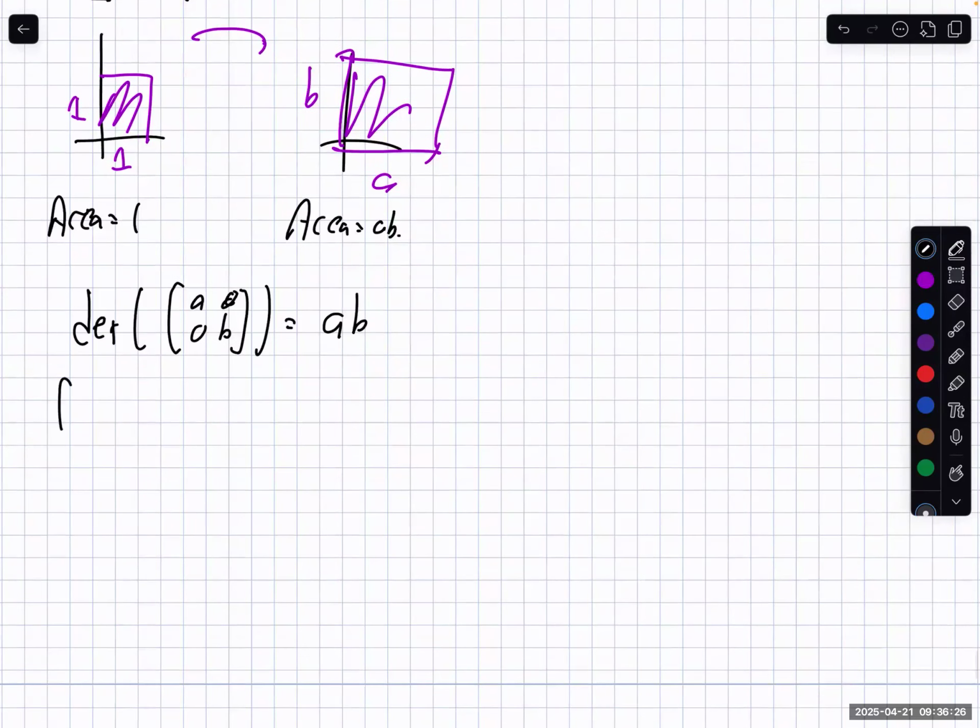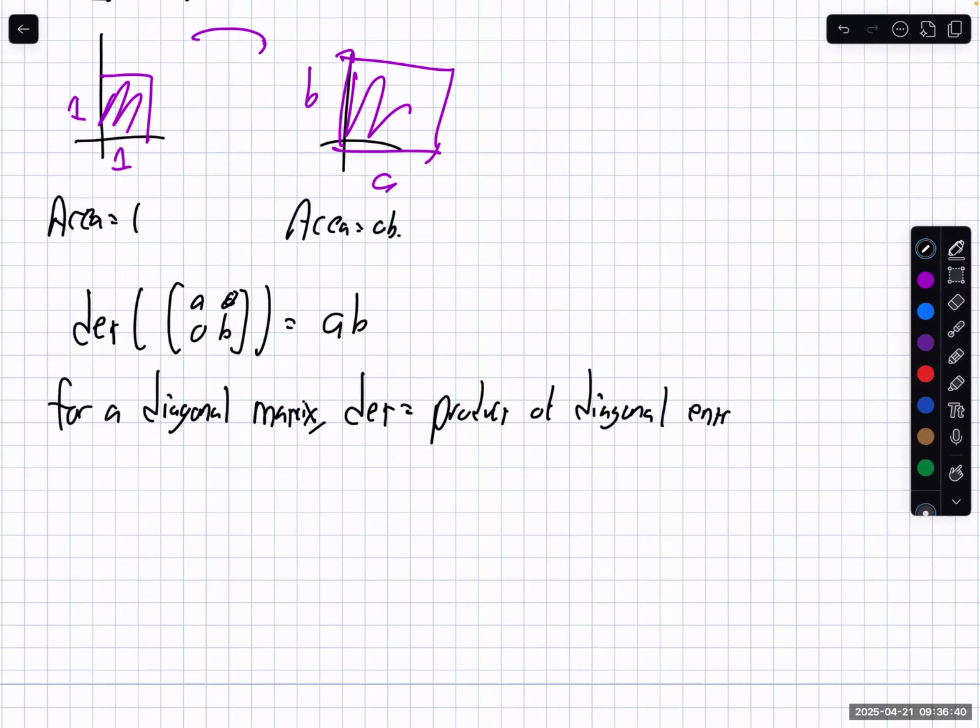Okay, so for a diagonal matrix, determinant is the product of the diagonal entries.